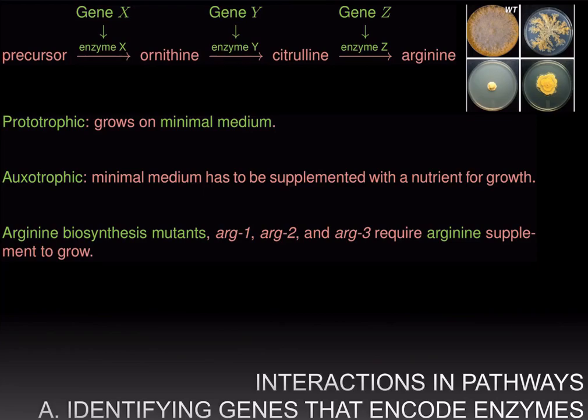The identification of the genes that control these catalytic steps in metabolic pathways is an important goal of genetics.